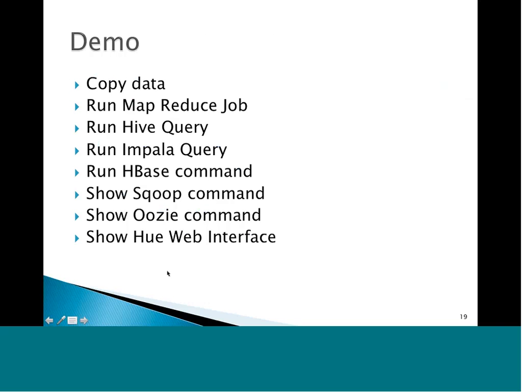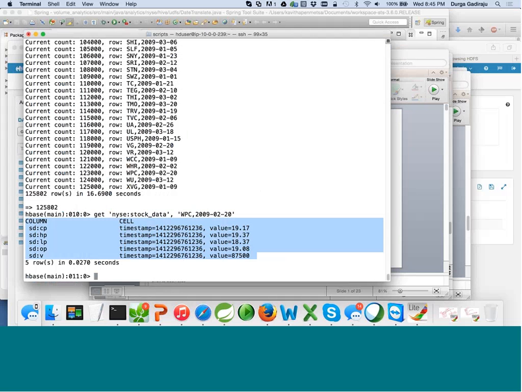Now I will just give you an overview of the Sqoop command and Oozie command. The Hive web interface I already showed you. Then we will get to the next topic. Okay.